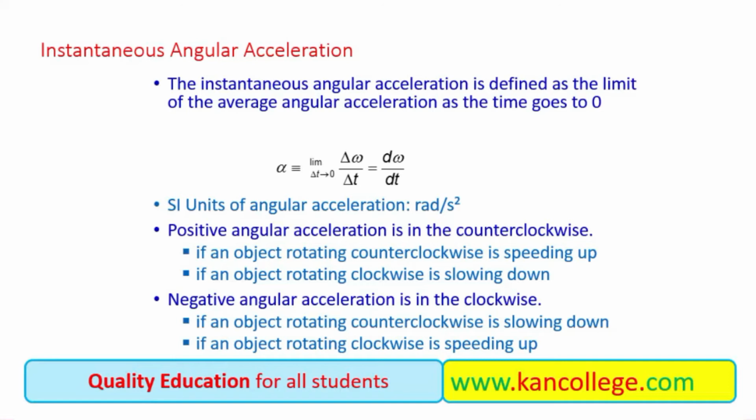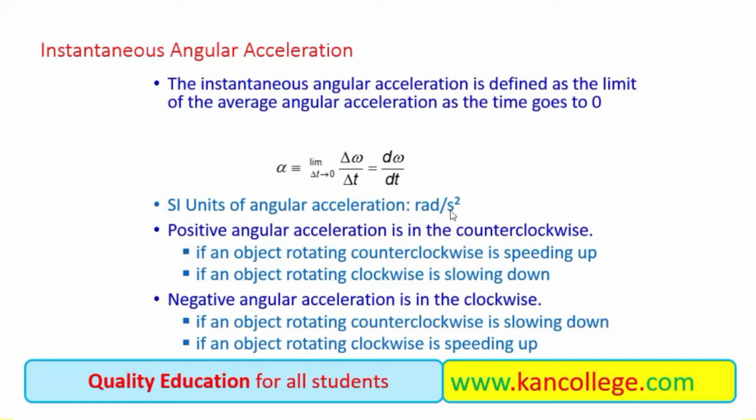What is the instantaneous angular acceleration? The instantaneous angular acceleration is defined as the limit of the average angular acceleration as the time goes to 0. Mathematically, it is represented as follows. Instantaneous angular acceleration is actually the angular acceleration at a certain instant of time, the rate of increase of angular speed at that instant of time.